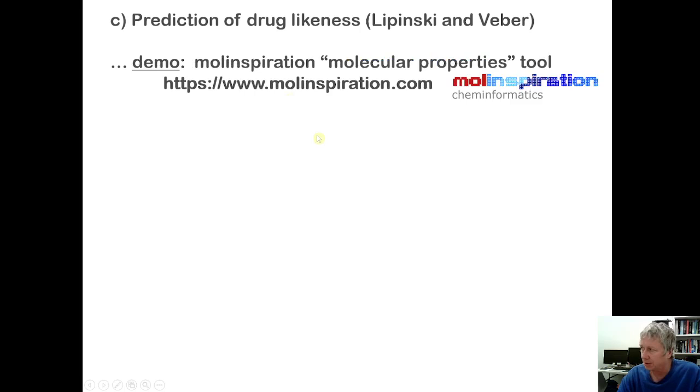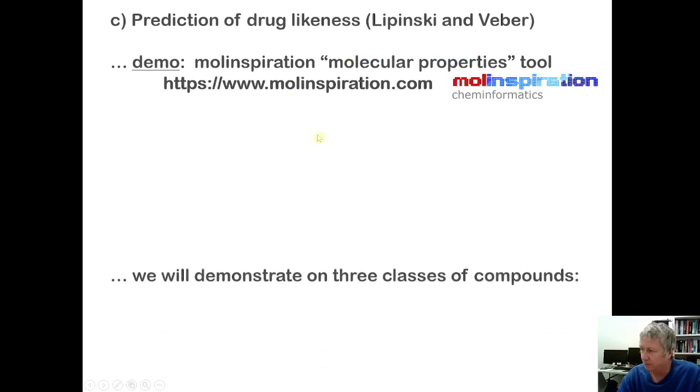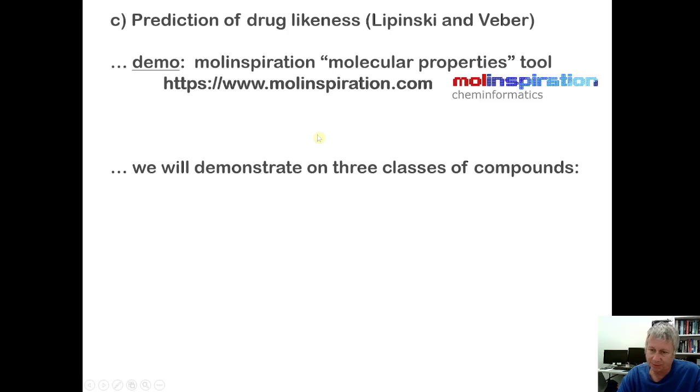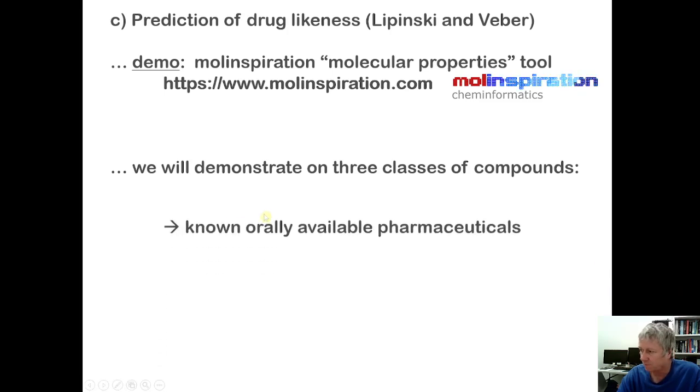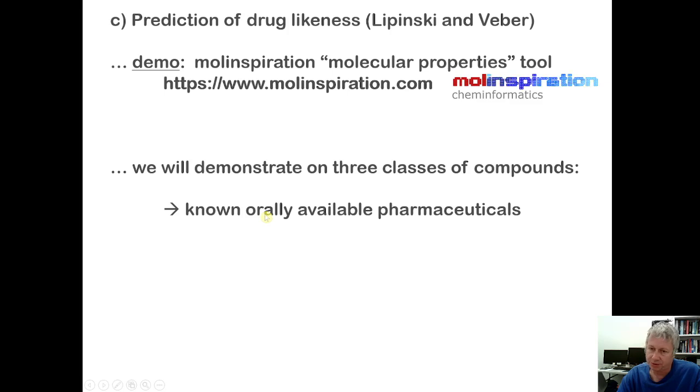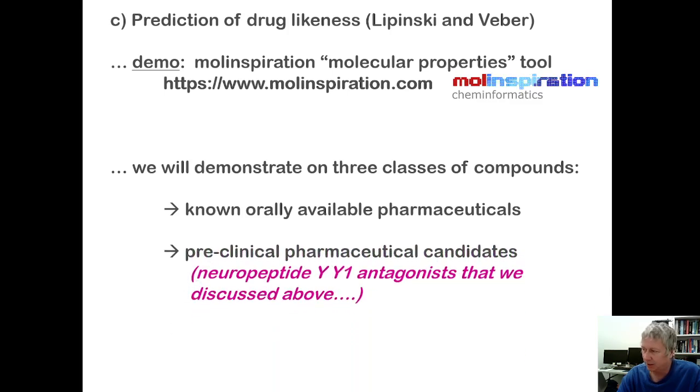Okay, so let's try this now with the Mole Inspiration tool. So we're going to try a couple different classes of molecules for this exercise. So we're going to use known orally available drugs. So that's a good test case. And we're also going to use some preclinical pharmaceutical candidates.